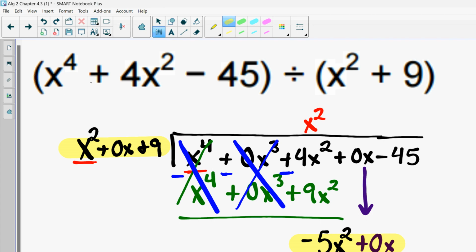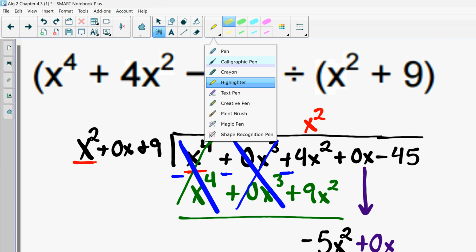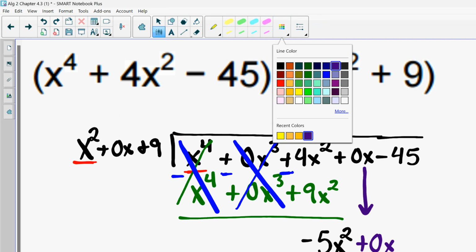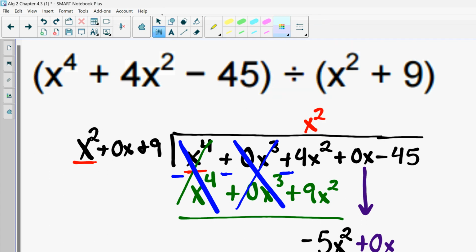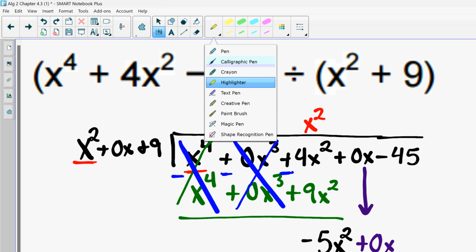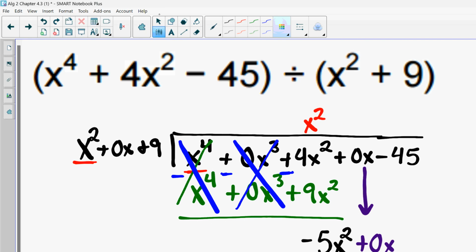So whenever we have more terms down here than we do up here, all that we have to do is bring a second term down. So instead of just bringing down the 0x, we'll also bring down the negative 45. Since we didn't have enough terms there, we brought 2 down.